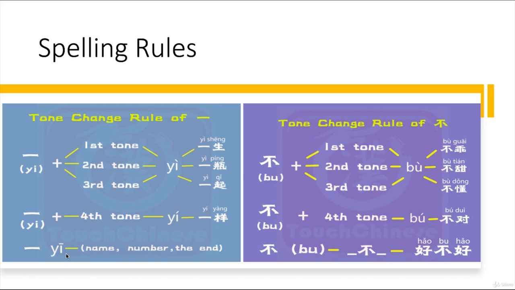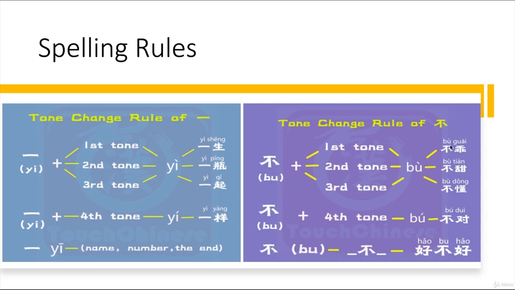And when it represents a name, number, or the end, it doesn't change its tone. The 不 syllable will change its tone into the fourth tone when the second syllable is the first tone, the second tone, or the third tone.